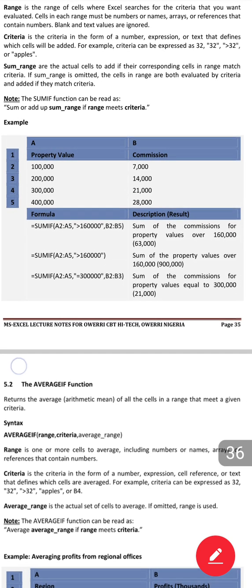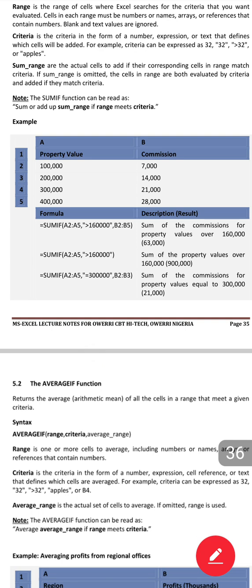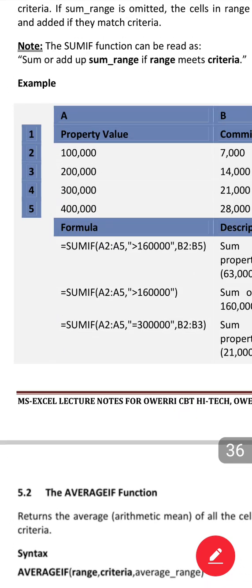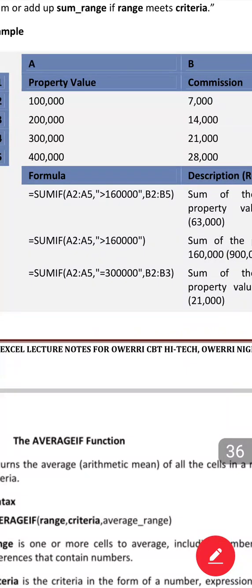For example, these are the values in columns A and B. So SUMIF A2 to A5, these are the property values in A, for example 1, 2, 3, and 4 lakh, which are greater than 1,60,000.